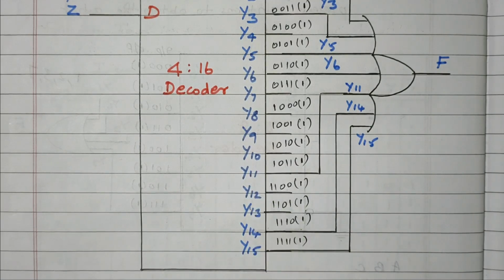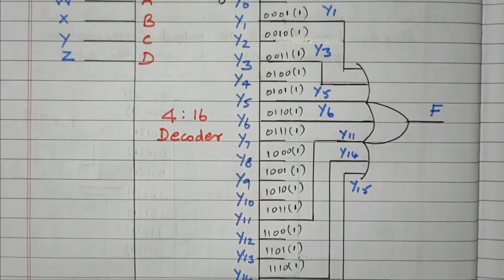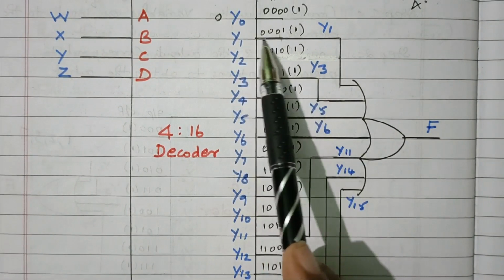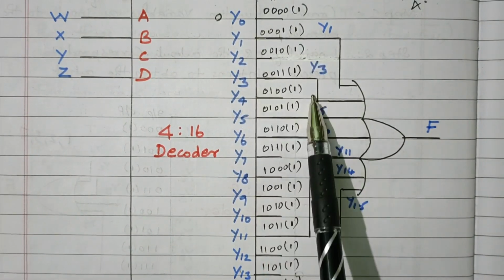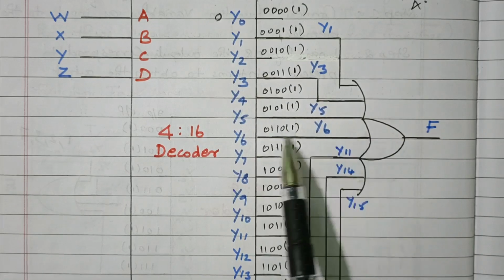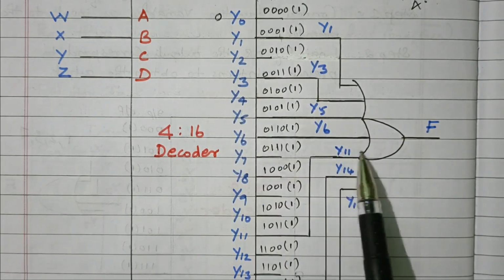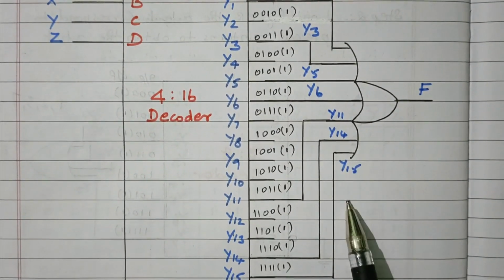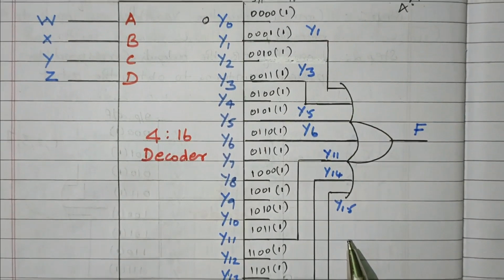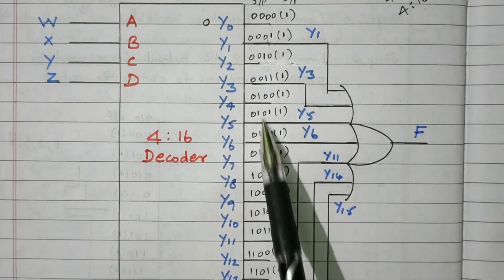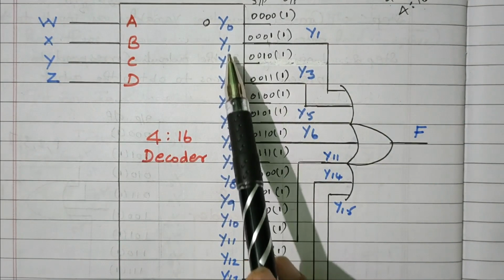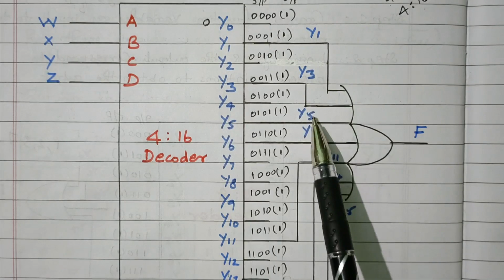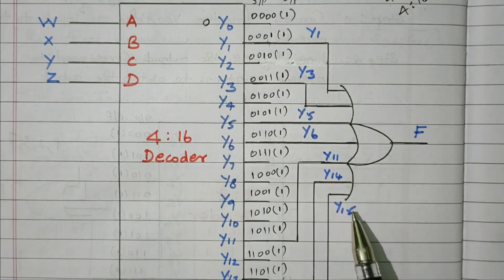So what we need alone can be connected, right? We need 1, so 1 is connected. Then 3 is connected, 5, 6, then 11, 14 and 15 are connected. So the required terms are connected. Outputs 0 to 15 are available, but what we need is 1, 3, 5, 6, 11, 14 and 15.